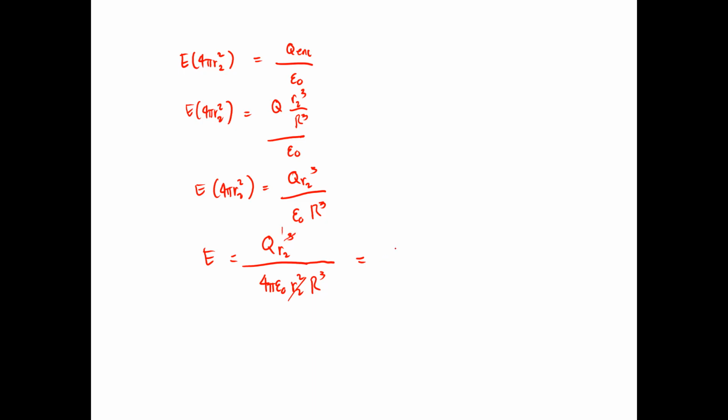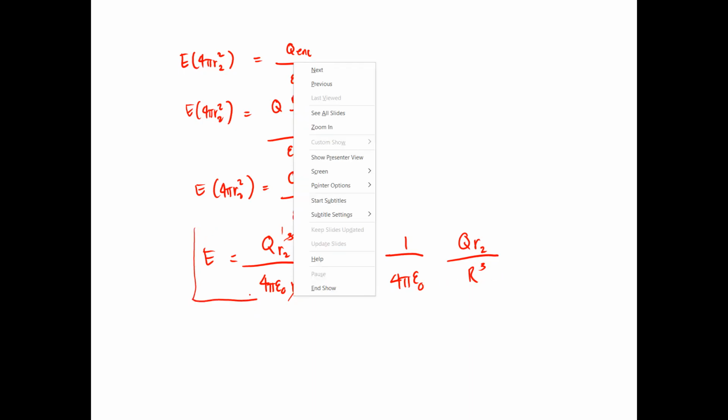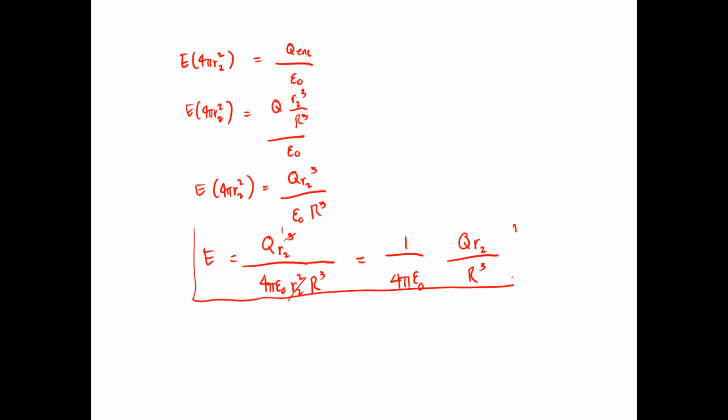So you have 1 over 4 pi epsilon naught times Q times R sub 2 over R cubed. Okay?